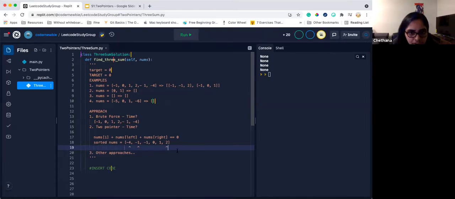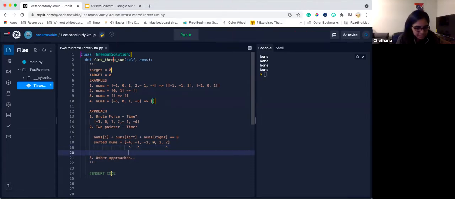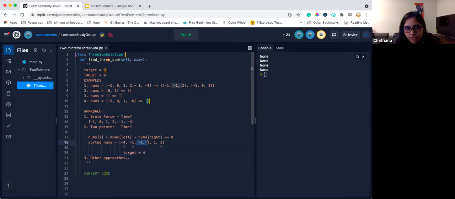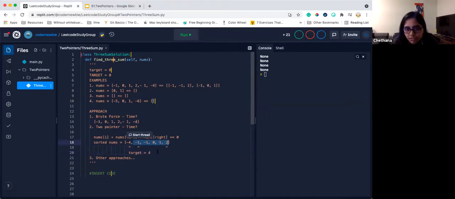Our first target is 0 minus -4, which is 0 plus 4, which is 4, right? I is positioned here. So we need to find a pair of numbers that add up to 4 from the rest of the array.